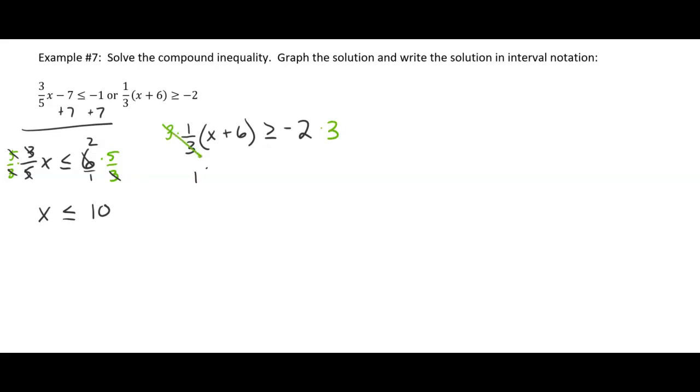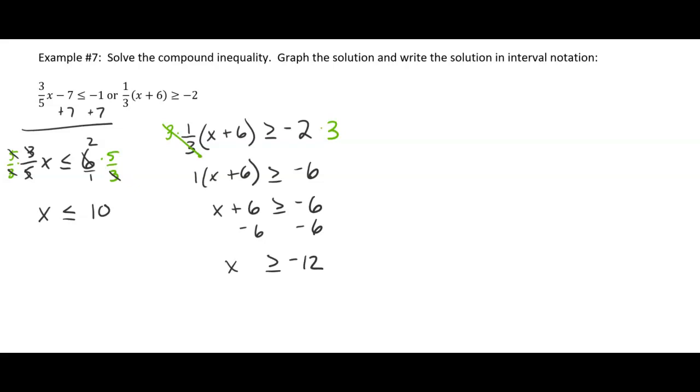So I'd have 1 times x plus 6 is greater than or equal to negative 6. And then I can distribute the 1, because it might not have been a 1, but this time it's a 1. Okay, so I subtract 6 from both sides. And I get x is greater than or equal to negative 12.